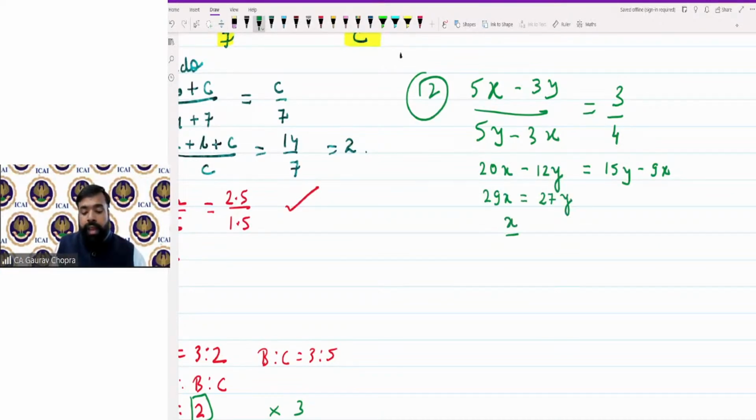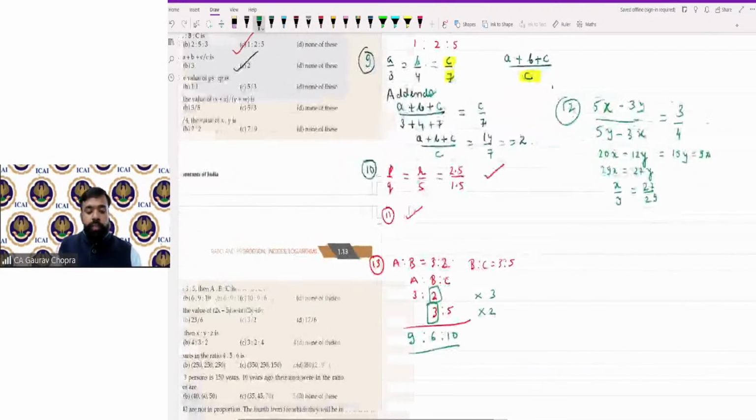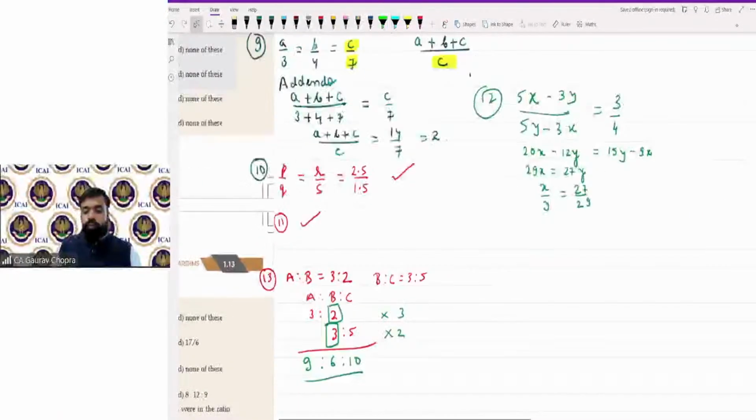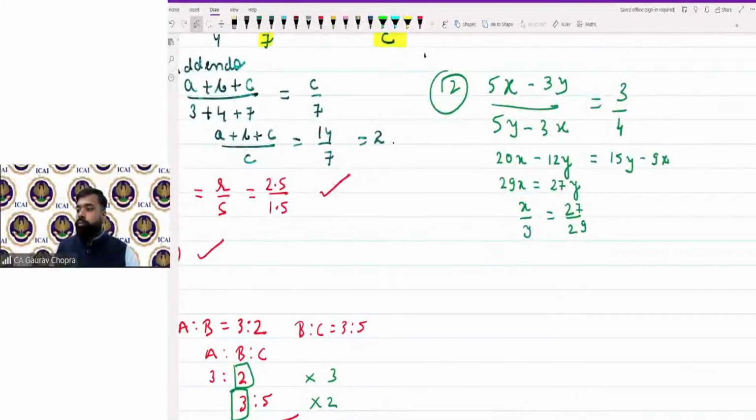Now you have to find x upon y is equal to 27 upon 29. So therefore your ratio is 27:29. Okay. So it is option number D. A, B, and C are not correct. Option number D will be correct. So it is 27 ratio 29.